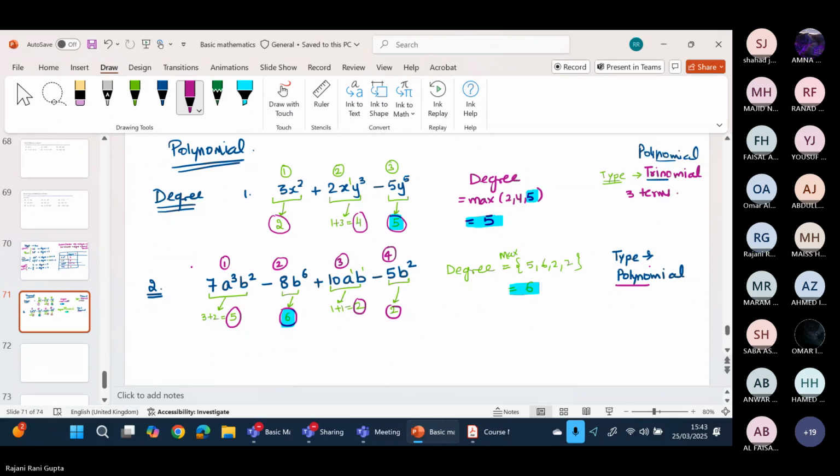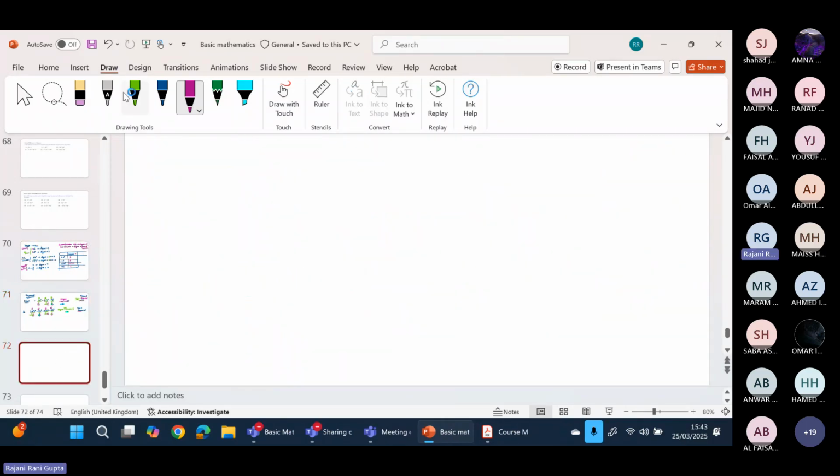Okay, now another question. Let's say I have 6xy minus y squared. What's the degree? 2. And what's the type?